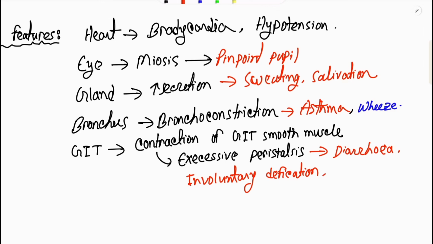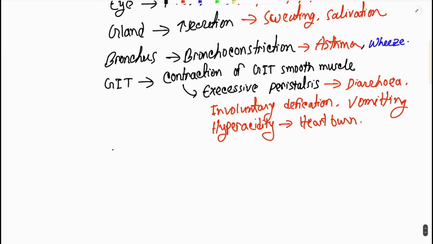Reverse peristalsis in the esophagus will lead to vomiting, and due to increased hydrochloric acid secretion in the stomach, there will be hyperacidity, which will clinically present as heartburn. Stimulation of the parasympathetic nervous system in the urinary bladder leads to contraction of the bladder, and that will clinically present as urinary incontinence.